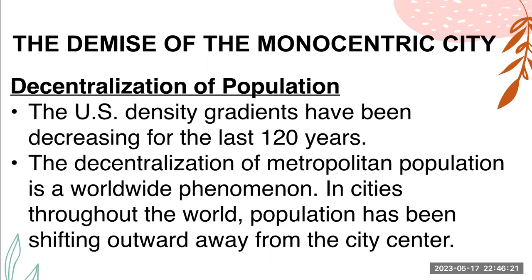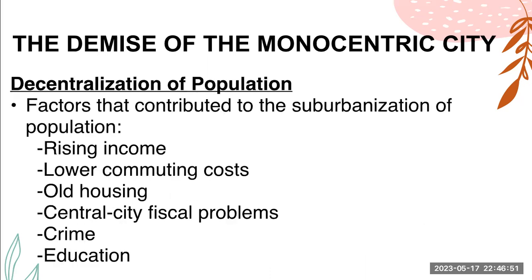In the U.S., the density gradient has been decreasing for the past 120 years. The decentralization of metropolitan population is a worldwide phenomenon. In cities throughout the world, population has been shifting outward away from the city center. And what contributed to the decentralization of population over the last several decades?